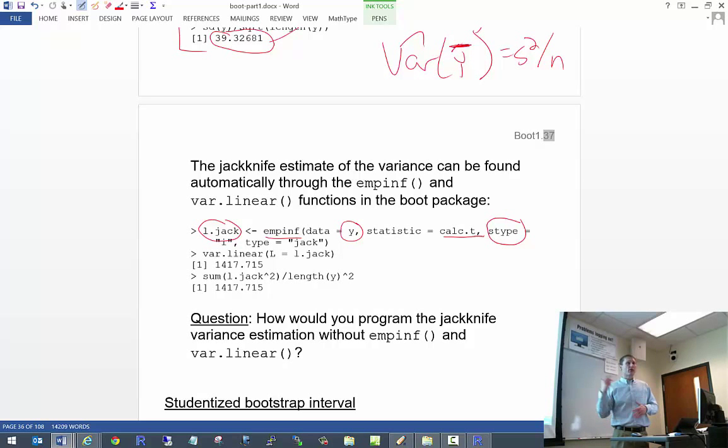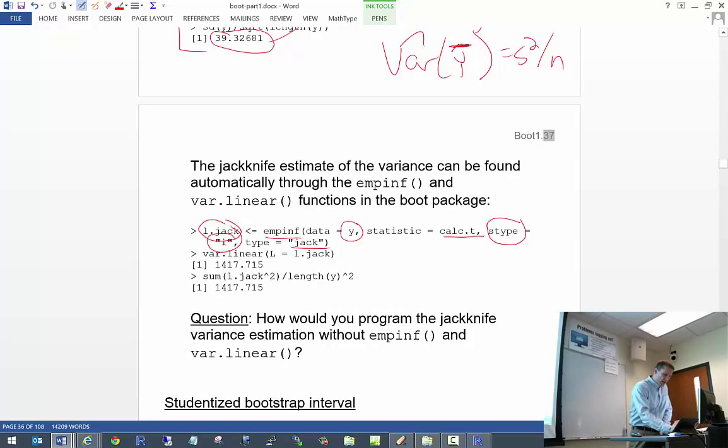I'm only going to focus on one in this course, and that is where we pass in those indices, if you remember that. So when I say stype equals I, that says that's how I wrote my calc.t function, where I'm passing in indices from the boot function. And then the type of estimate for these empirical influence values is jack, for Jackknife.